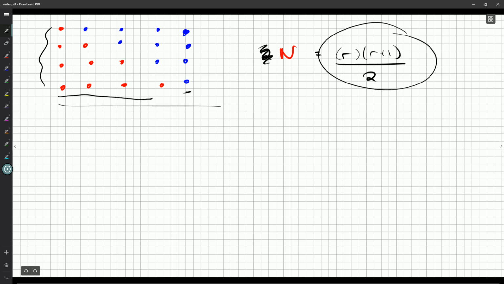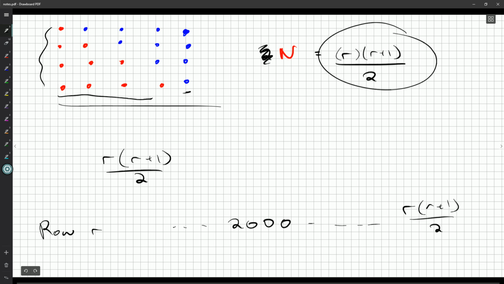Okay, fine. So, the rth triangular number is r times r plus 1 all over 2. That gives me a nice formula for these end numbers. Okay? And we can try and work out which row 2000 is in, because if 2000 is in row r, it's going to end that row with r times r plus 1 over 2.